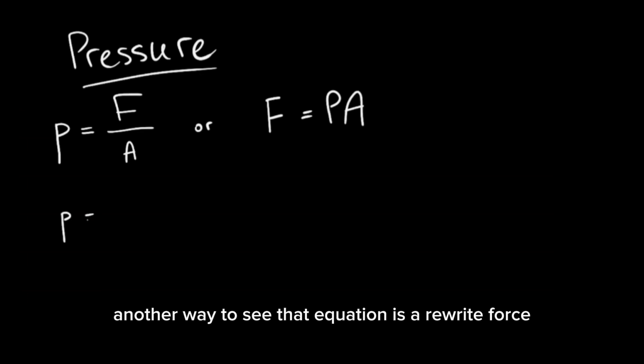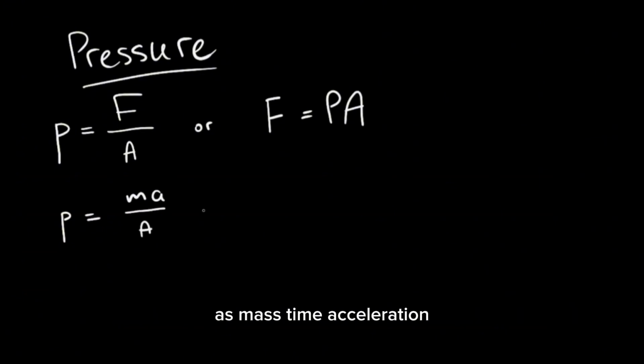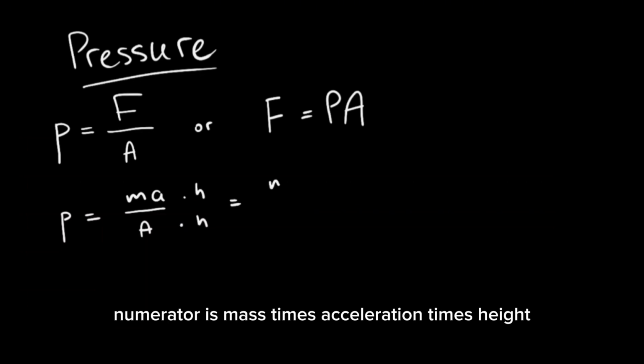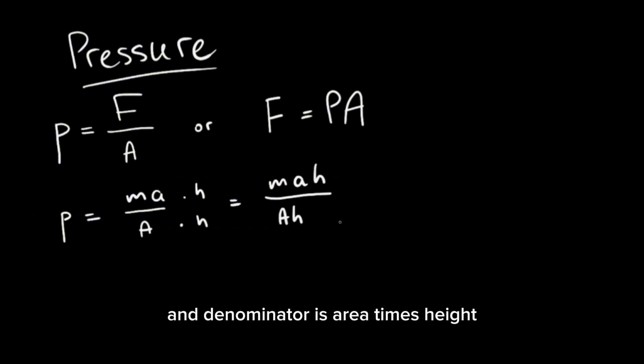Another way to see that equation is to rewrite force as mass times acceleration and multiply the fraction by height. So it will give us a numerator of mass times acceleration times height, and a denominator of area times height.